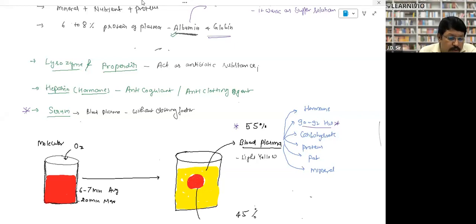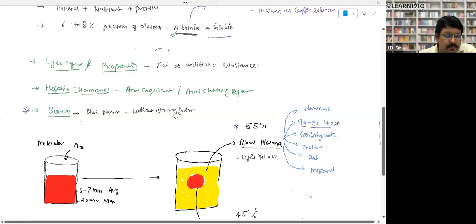This is the heparin hormone, an anticoagulant.